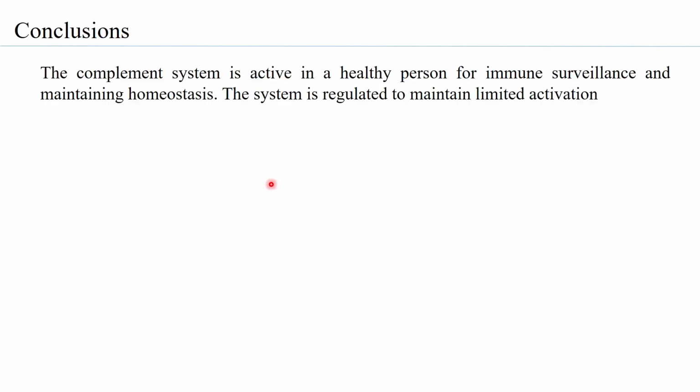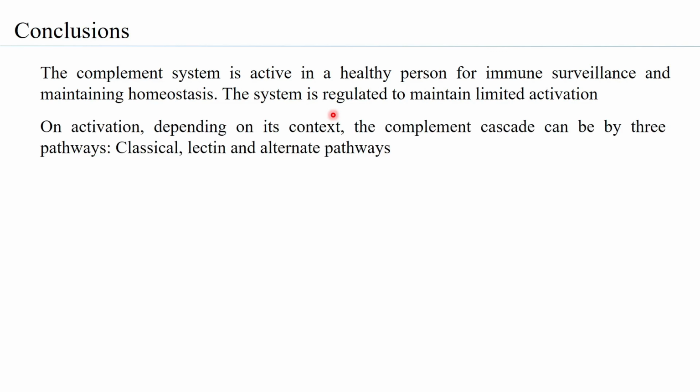So let us conclude. The complement system is active in a healthy person just for immune surveillance. That is, they keep going around looking for foreign particulate matter, and they maintain homeostasis. The system is regulated to maintain limited activation during physiological conditions. On activation, depending on its context, the complement cascade can follow three pathways: classical, lectin, and alternate.